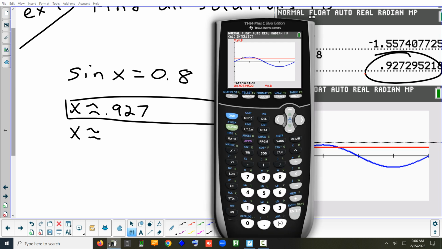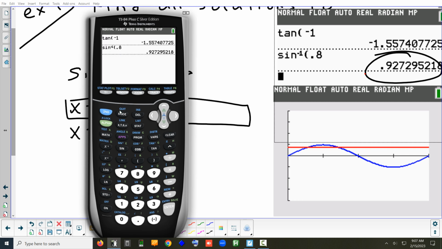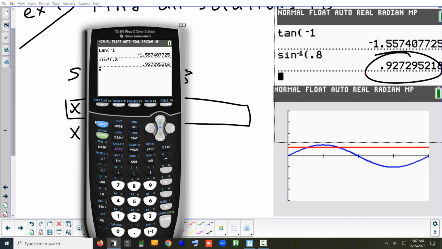And the other answer, well, I know how to get the other answer based off that 0.927. Okay, the other answer is going to be pi minus the answer that I just had. It's going to be 2.21. Let's calculate the intersect and see if that's what we get. So let's go here.